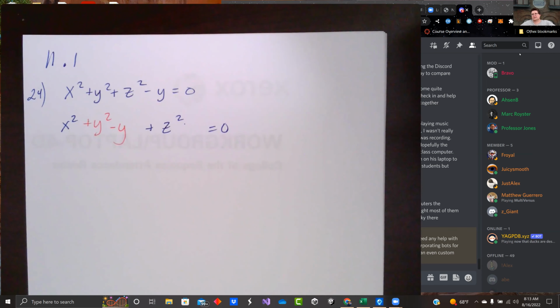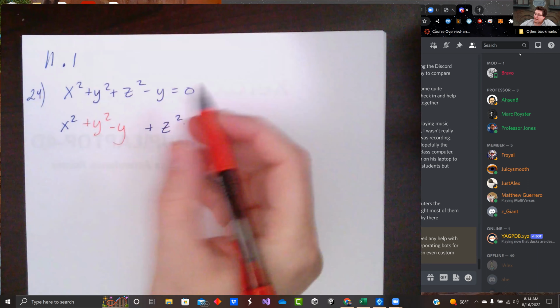What can I do with the y's grouped together? Oh, this is some algebra you probably haven't done in a while. One of them said complete the square. Complete the square, yes, exactly.